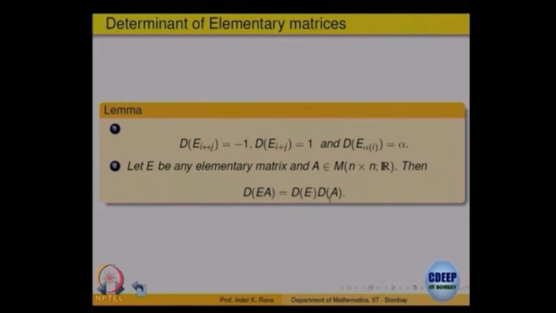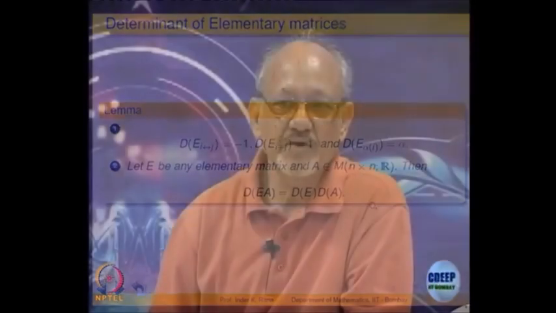Interchange, right. So, basically now you can see that I am heading towards trying to prove the property that determinant of A times B is equal to determinant of A into determinant of B. This is the first step towards that.